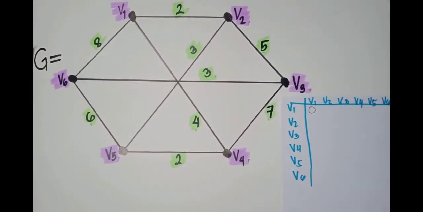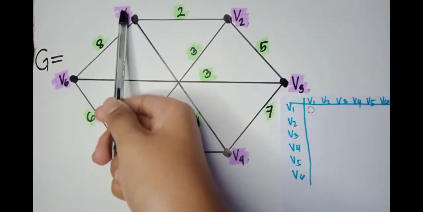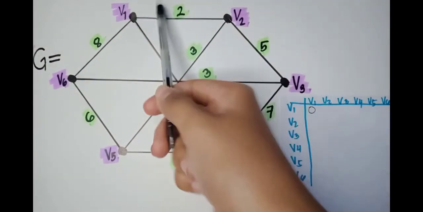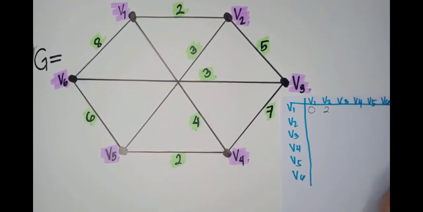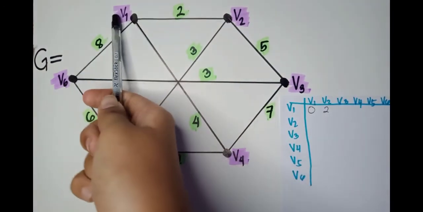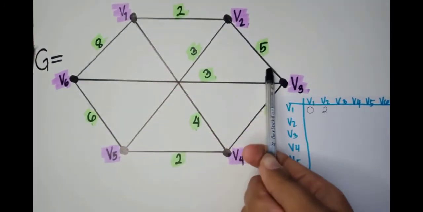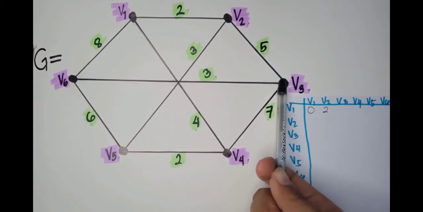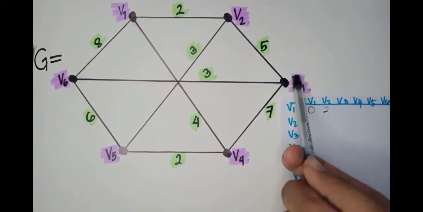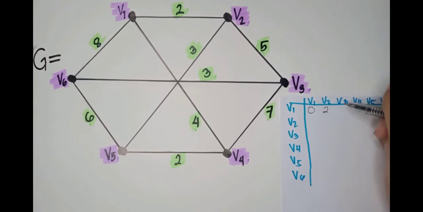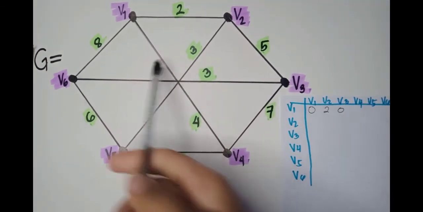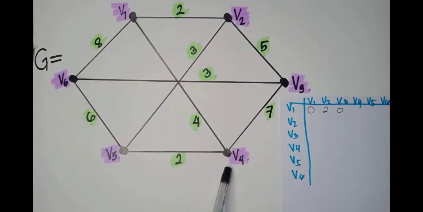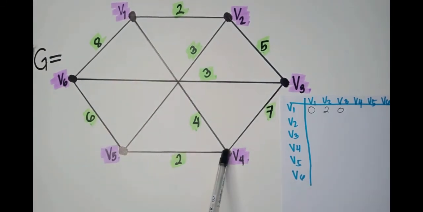Next, V1 to V2, and the corresponding weight is 2. V1 to V3, it is not connected directly to V3, so we're going to put 0. V1 to V4, it is connected to V4, so we're going to put the weight 4.